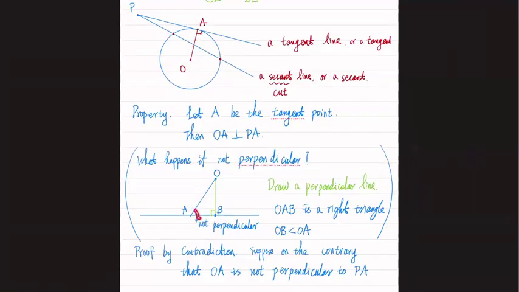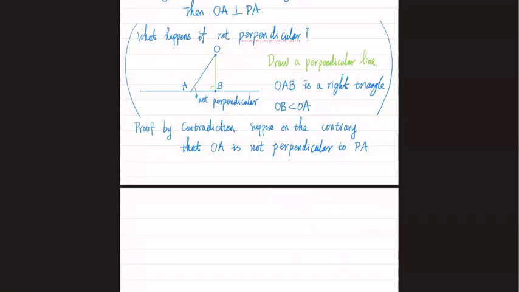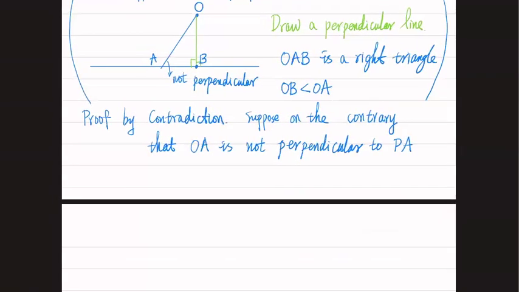If it's not perpendicular, we can draw a perpendicular line from the center to another point on the line.